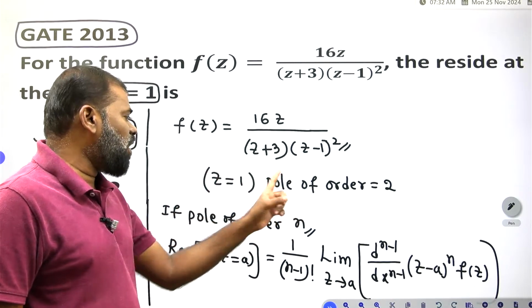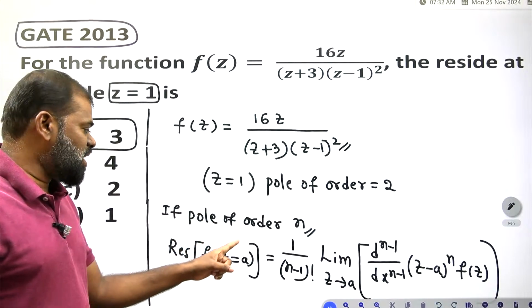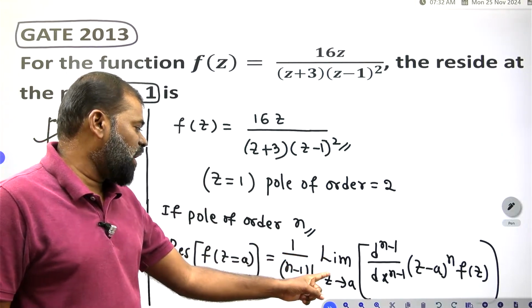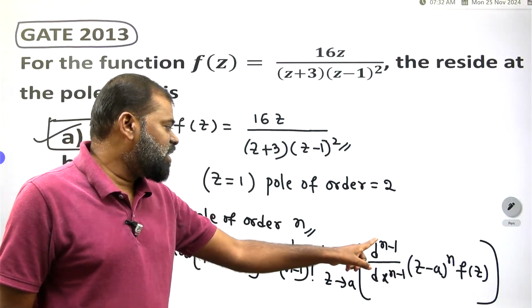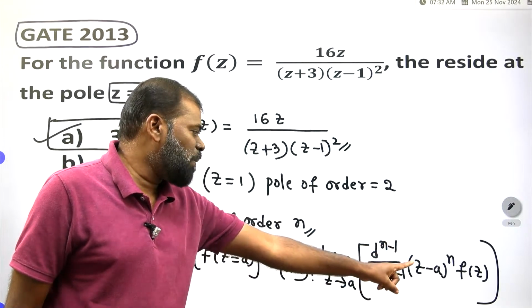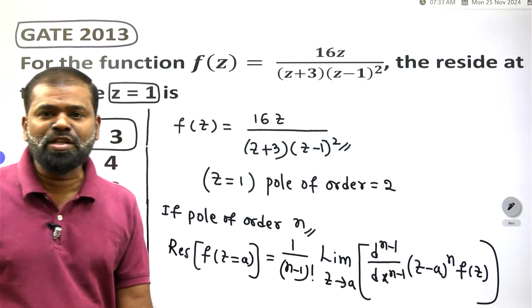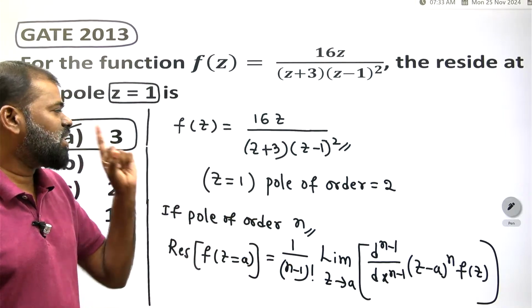If the pole of order is equal to n, the residue of f of z at a is 1 by (n minus 1) factorial, limit z tends to a, d to the power of n minus 1 divided by dz to the power of n minus 1, (z minus a) whole to the power of n into f of z. This is the formula for finding the residues.